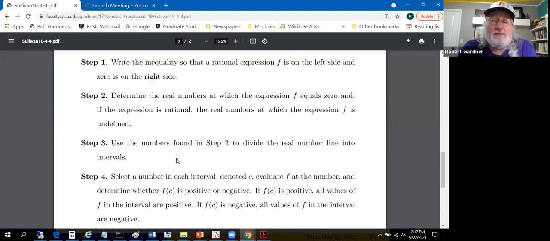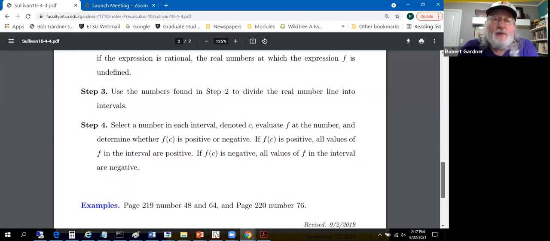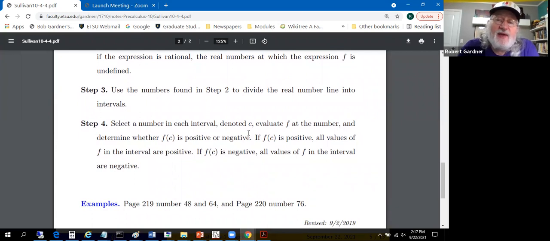And in the test we're going to do of positiveness and negativeness, we're also interested in where the function equals 0, as we were with polynomials. So you remove those two kinds of points from the real number line, then make the chart. Then choose a test value from each of the resulting intervals, and the test value will tell you positiveness or negativeness throughout those intervals, just as before.